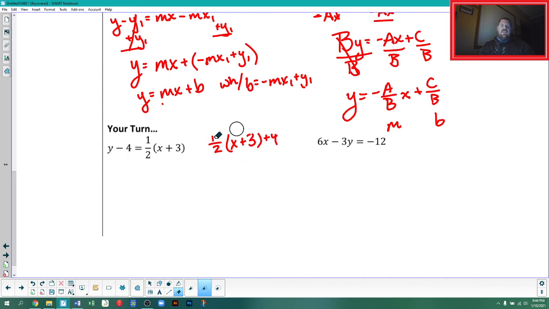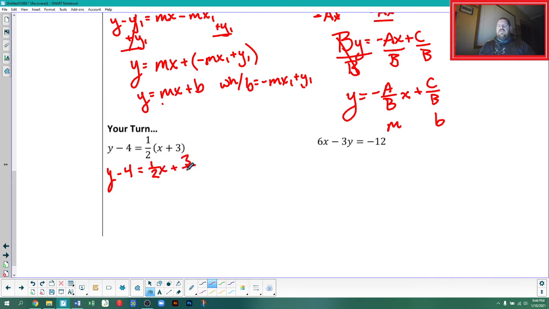I'm just going to say that what we should do is distribute first, and that'll show us why it's not the same. 1/2 times x is 1/2 x. 1/2 times 3 is 3/2. And so right there, it's not 3, it's actually half of 3. Now I can go ahead and add 4 to both sides, and this time I can add 4 to that 3/2.